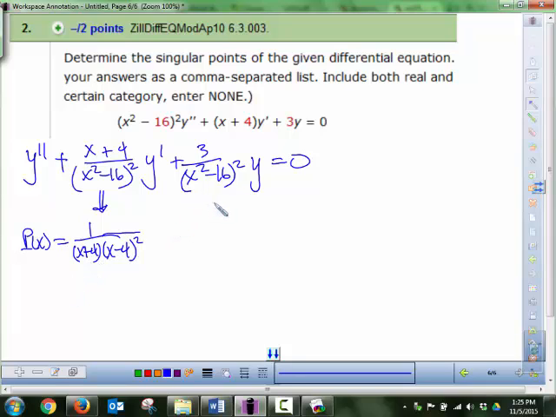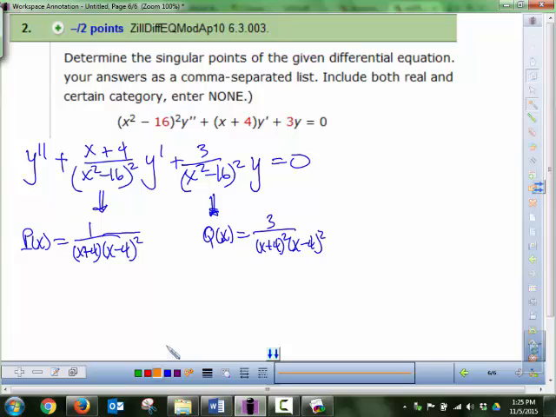And then for the q function, you just have this thing. If you want to write it all out, let's write it in semi-factored form: x plus 4 squared, x minus 4 squared.